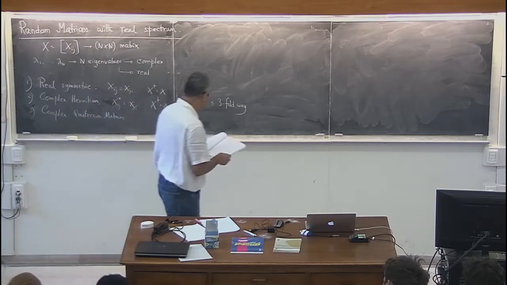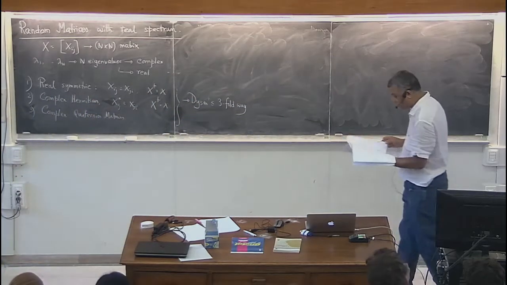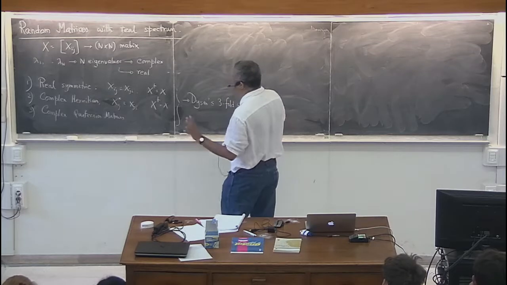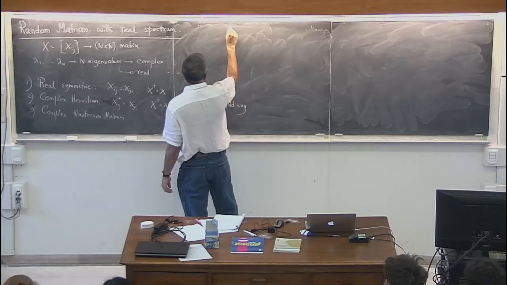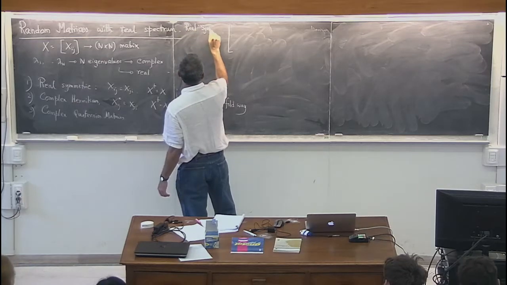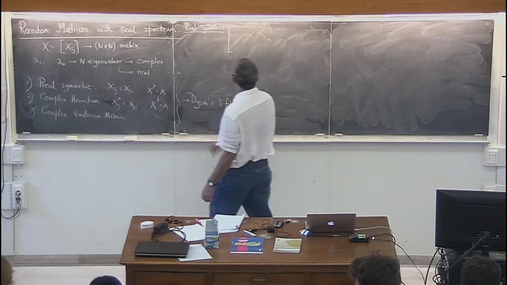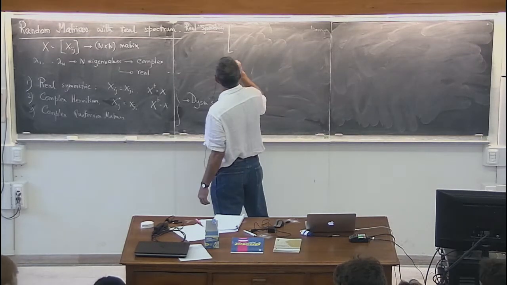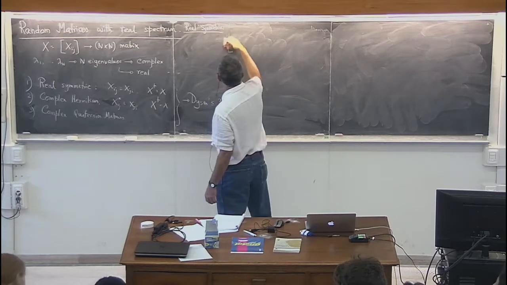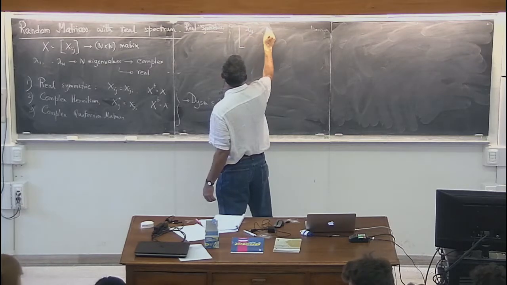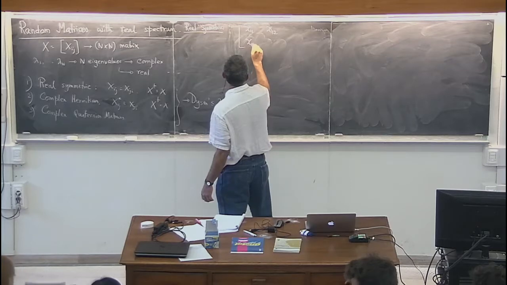Now I've not talked about the random matrix yet. The generic problem is that you have this matrix, let's say a real symmetric matrix. So let's focus on real symmetric for the moment. Let's think of a 2 by 2 matrix, because it's easier to write on the blackboard.